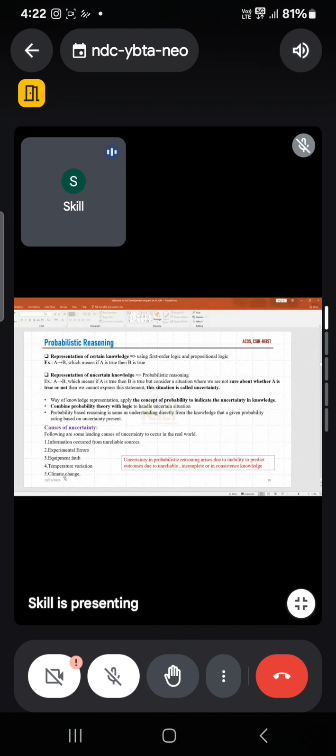The data we are collecting may itself have some mistakes or some uncertainty in the data.